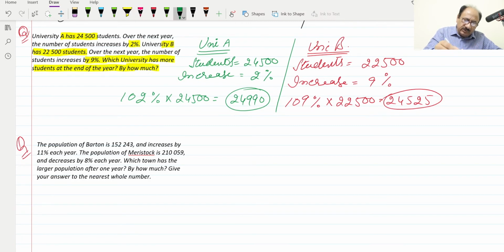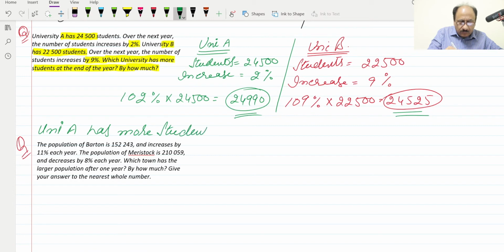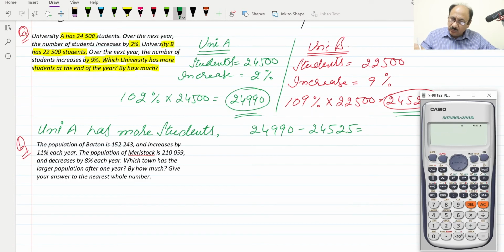If we compare these two numbers, University A is having more students, so we can write the answer as University A has more students, and the number of students we can calculate: 24990 minus 24525, and this is equal to 465.